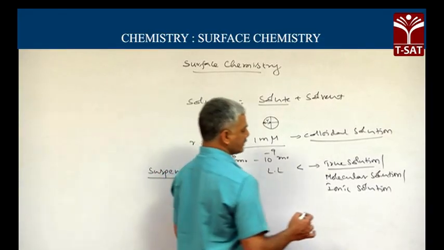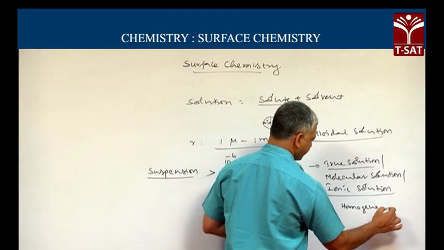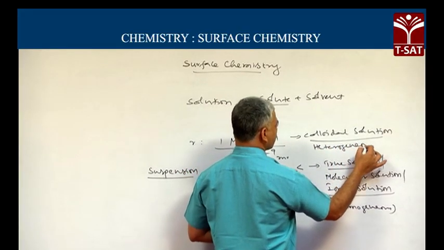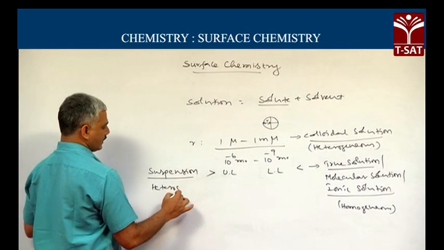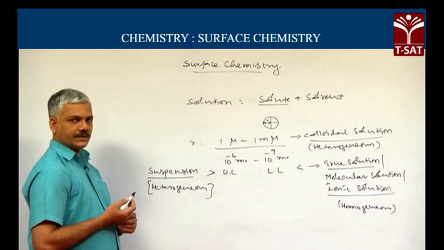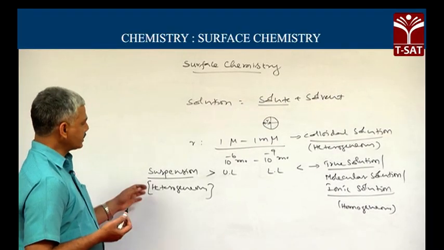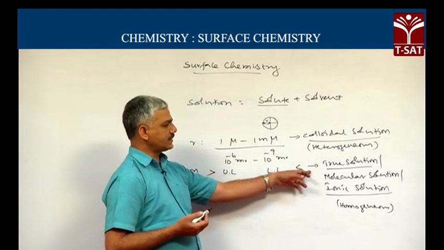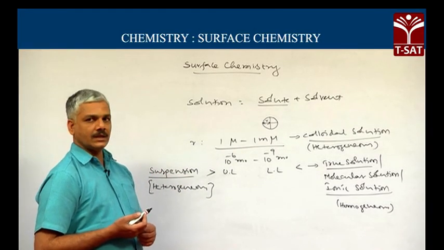The true solutions are homogeneous in nature, while colloidal solutions as well as suspensions are heterogeneous in nature, meaning different phases or different physical states are involved in the formation of suspension as well as colloidal solutions. Whereas in case of true solutions, only one phase or one physical state can be observed.